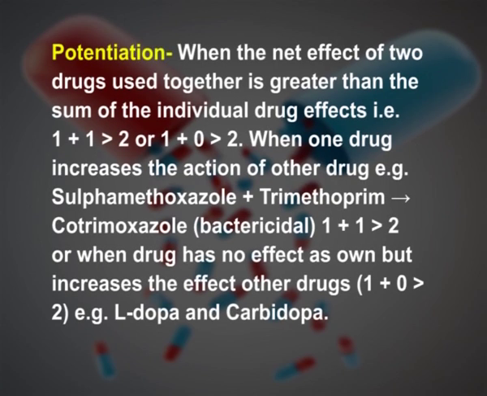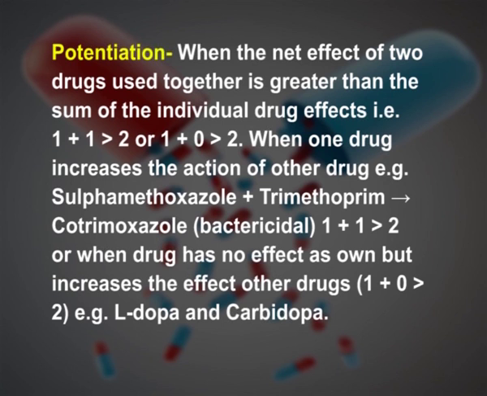Second, potentiation. When the net effect of two drugs used together is greater than the sum of the individual drug effects, that is 1 plus 1 is greater than 2, or 1 plus 0 is greater than 2, when one drug increases the action of other drug.